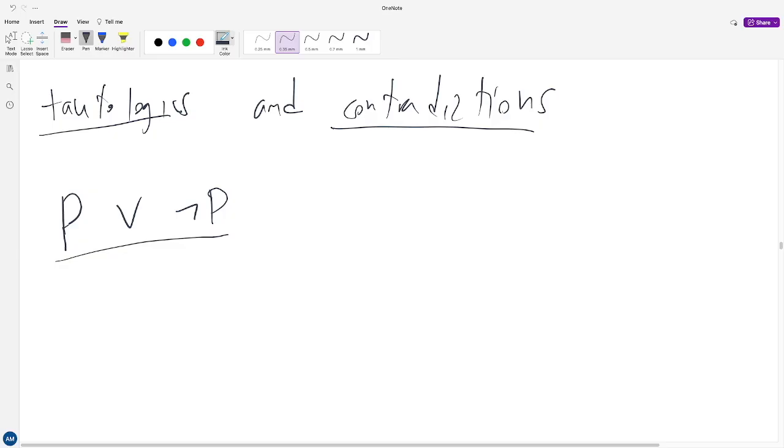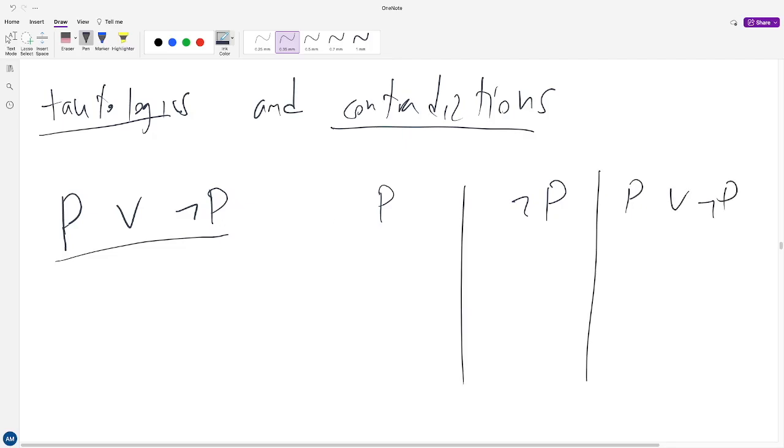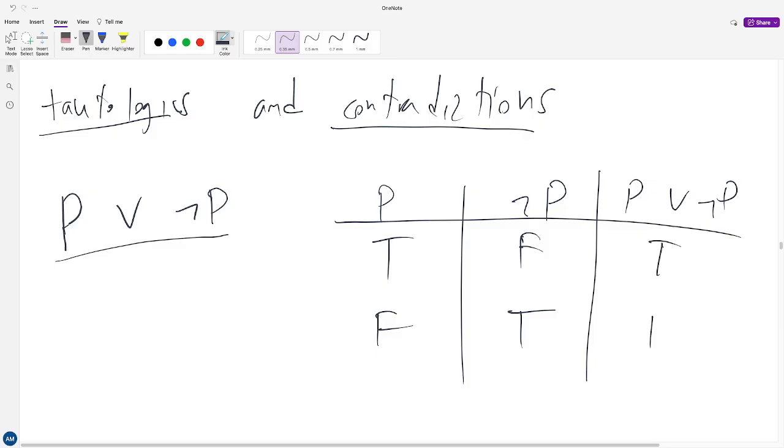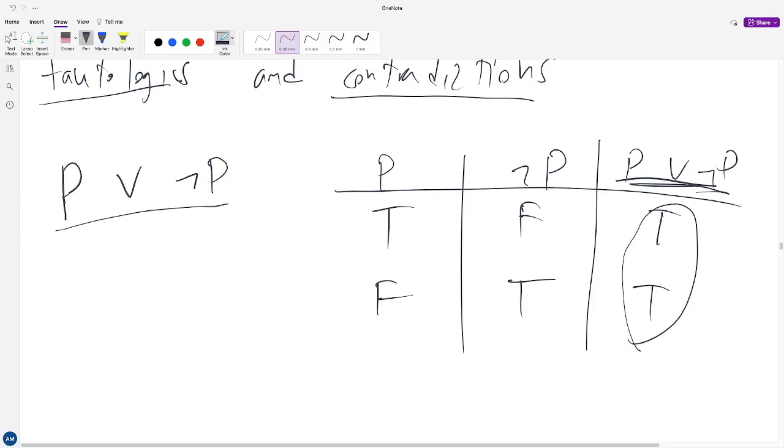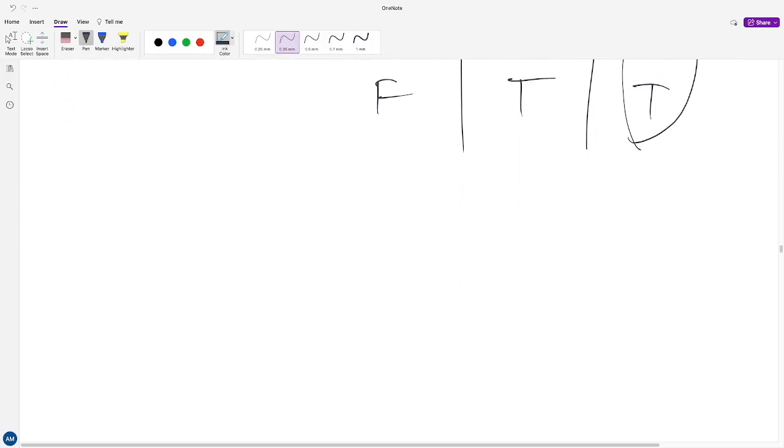Why? Well, if we look at the truth table, this or statement will be true exactly when one of P or not P is true. That's both cases right here. No matter what, this statement is always true. And a contradiction is a statement that's always false.